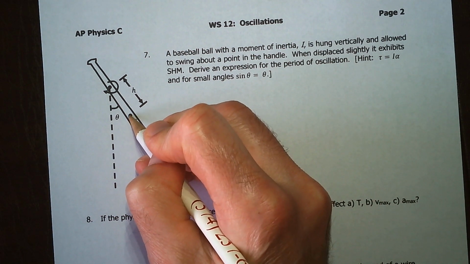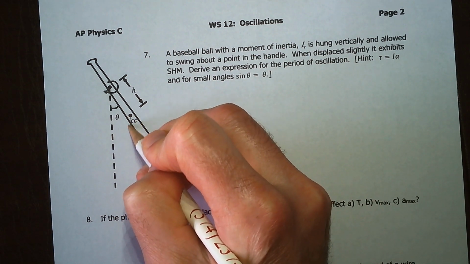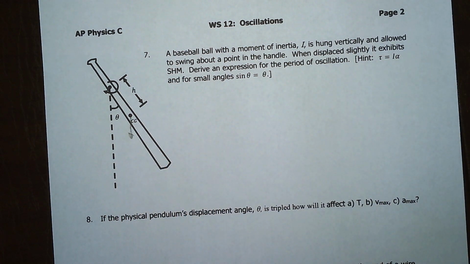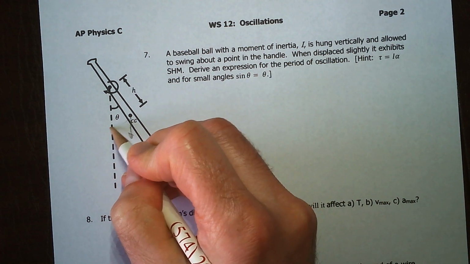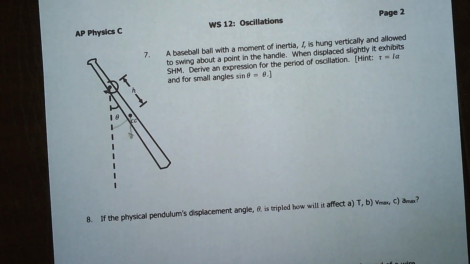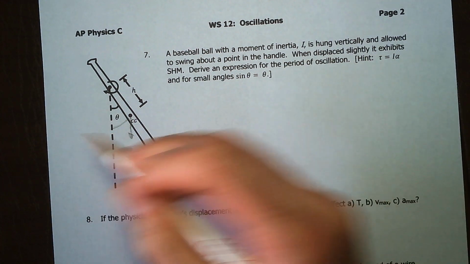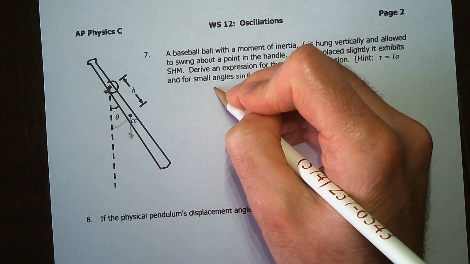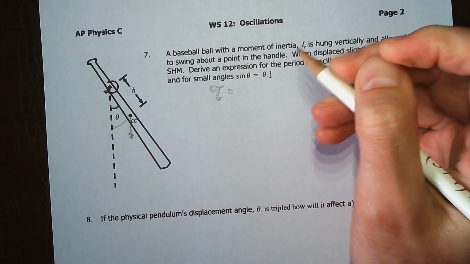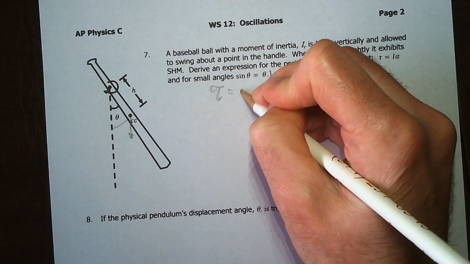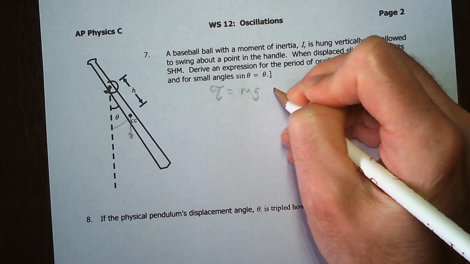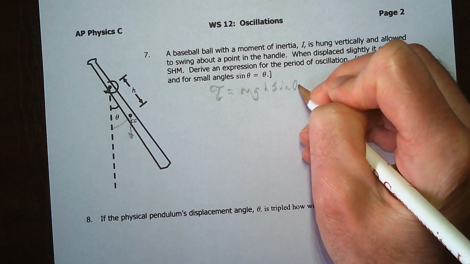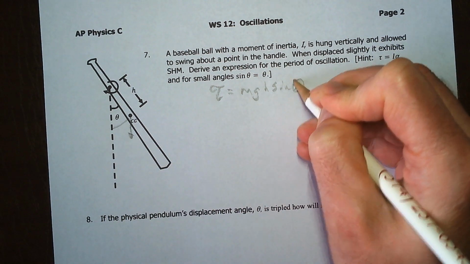So for this, there is a force that's pulling this down, and it's going through this arc length here. So there is a torque on this, and that torque is going to be given by mgh times the sine of the angle, sine of theta.